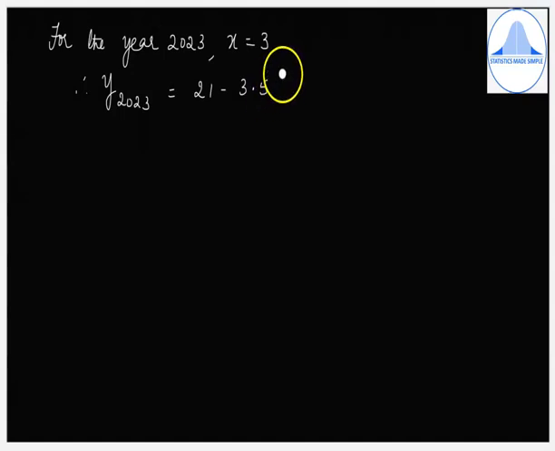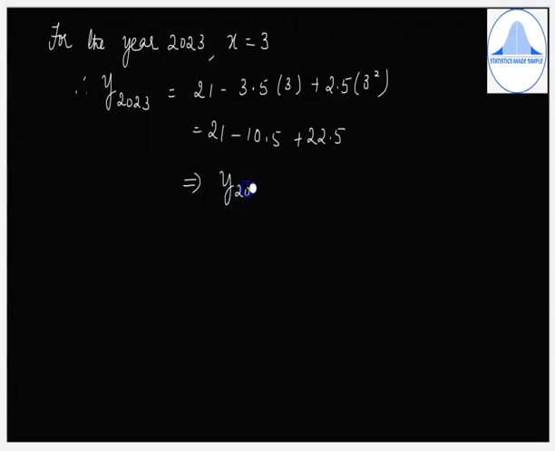So 3.5 into 3 plus 2.5 into 3 square. So which simplifies to 21 minus 10.5 plus 22.5. So which implies y 2023 is equal to 33.